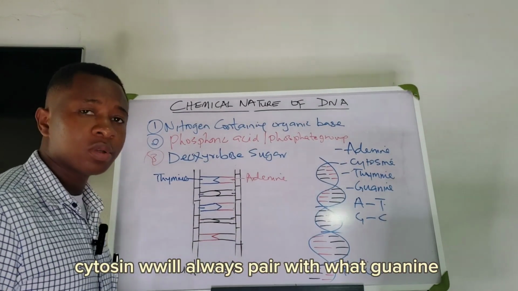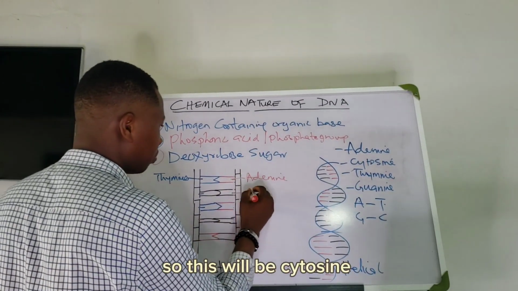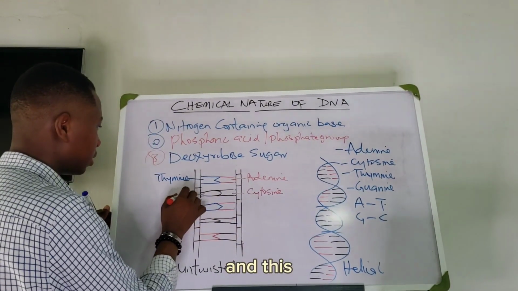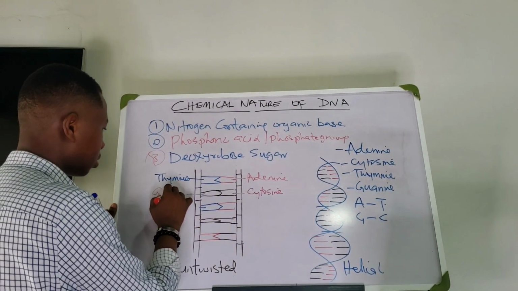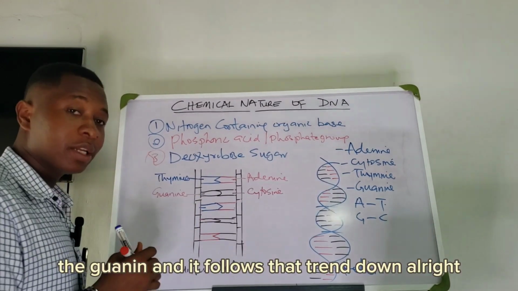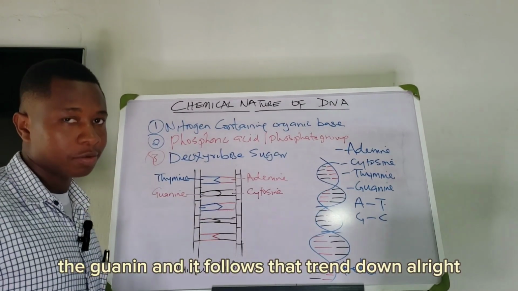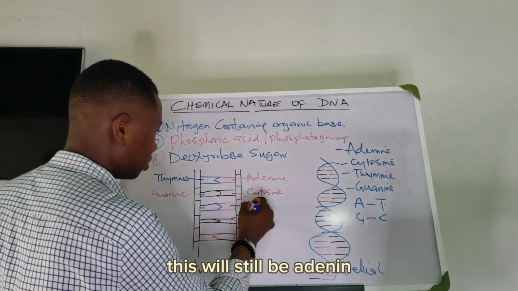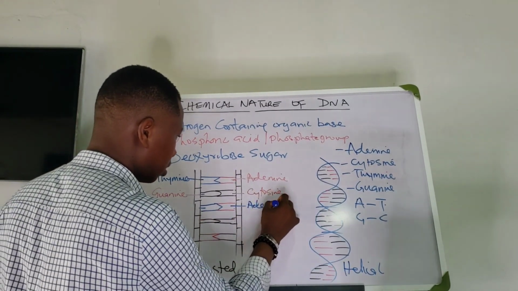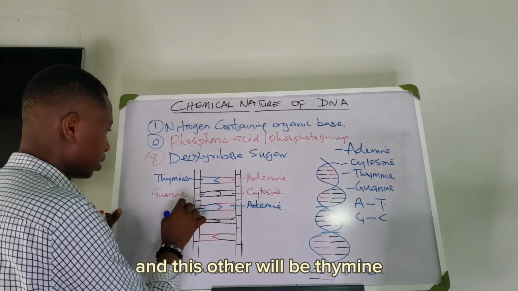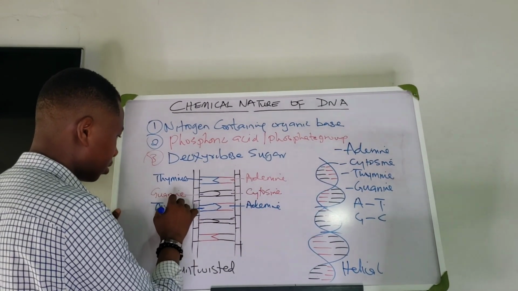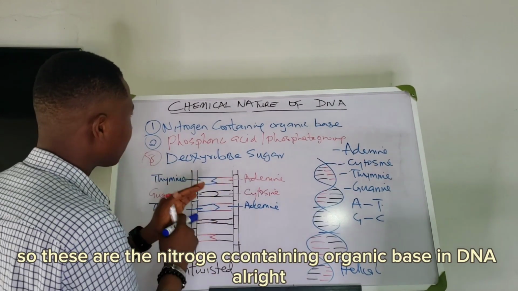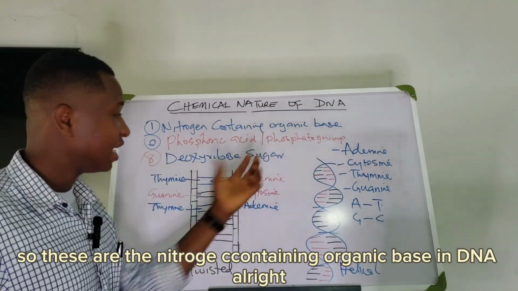Cytosine will always pair with what? Guanine. So this will be cytosine, and this the guanine, and it follows that trend down. All right, so nothing more, as simple as this. This will still be adenine, and this other will be thymine. So that's how it follows. So these are the nitrogen-containing organic bases in DNA.